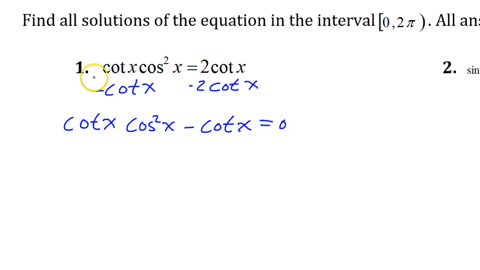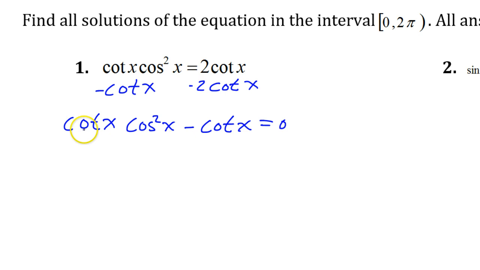Notice that I cannot divide both sides by cotangent x to cancel out the cotangents. That is not valid. You can't divide by a trig function on both sides. You can only subtract and add.